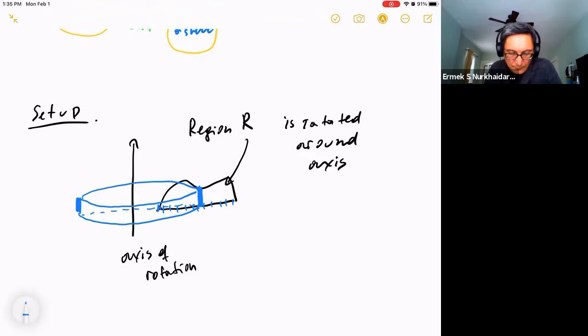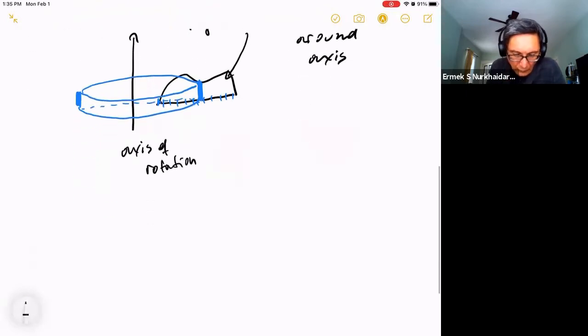Then the volume is going to be approximately the sum of the small volumes, those pieces.